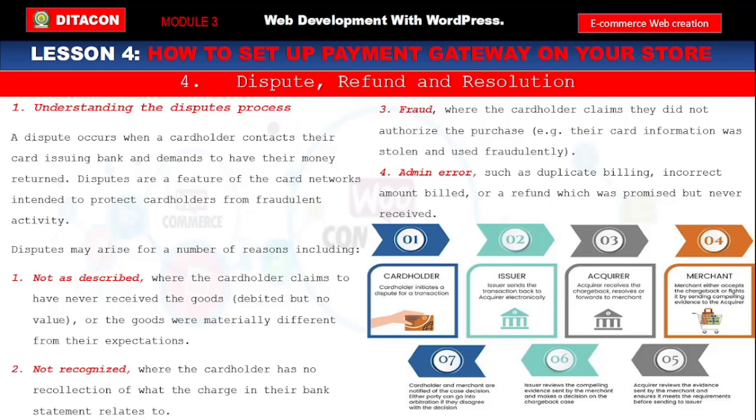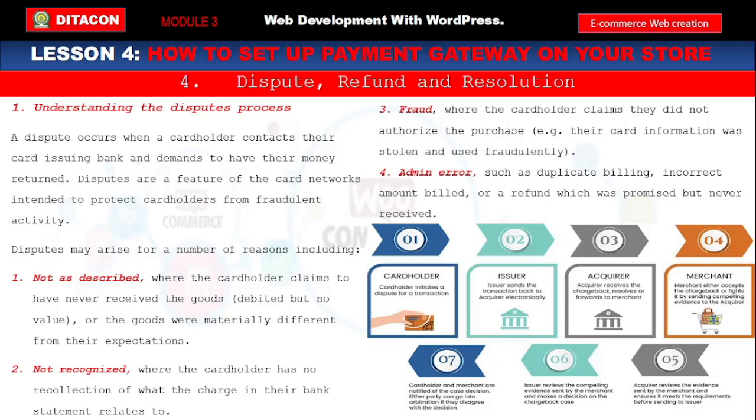In a situation like that, the person has every right and every opportunity to request for a refund, because it is not what he requested for that was delivered to him.